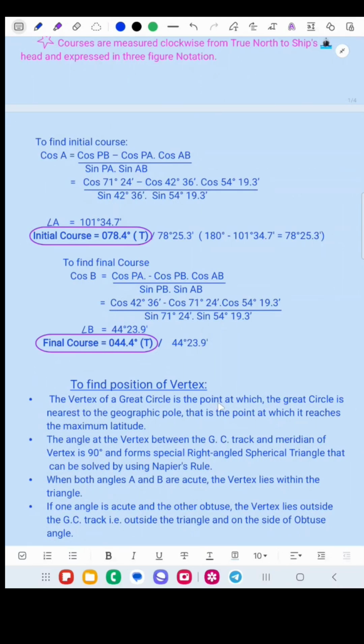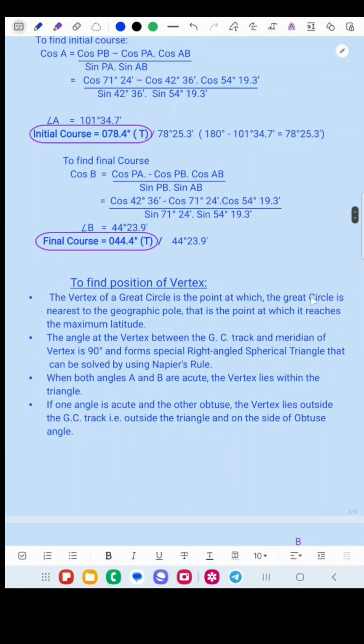The vertex of a great circle is the point at which the great circle is nearest to the geographical pole, that is the point at which it reaches the maximum latitude. The angle at the vertex between the GC track and the meridian of vertex is 90 degree and forms a special right angle spherical triangle that can be solved by using Napier's rule.